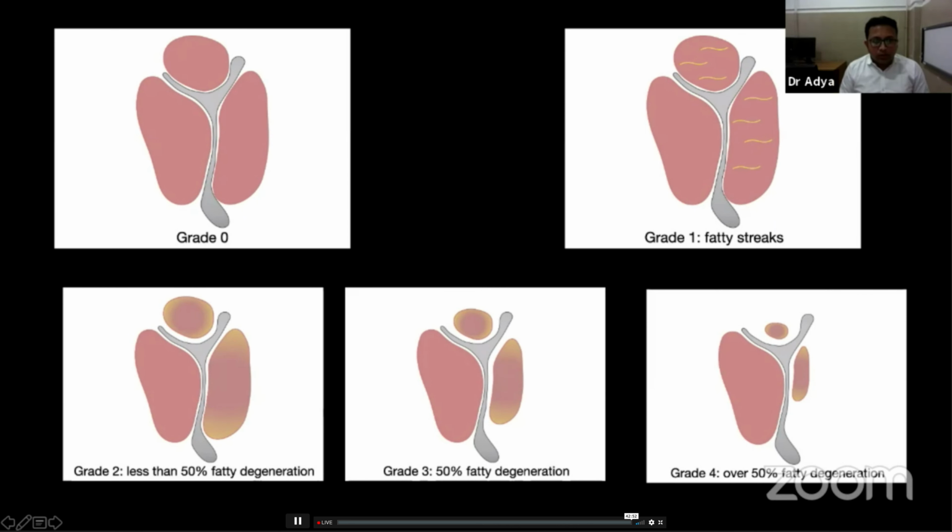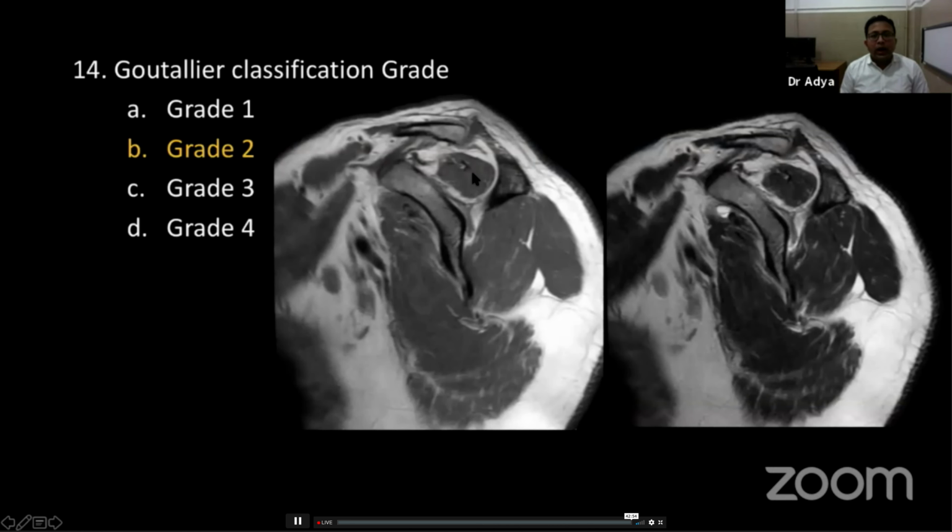In the previous question, we can see that the supraspinatus muscle is occupying the supraspinous fossa, but it is outlined by fat on all sides, and the same can be said about the infraspinatus muscle. So it will be less than 50%, but more than fatty streaks. So it is Goutallier classification grade 2.